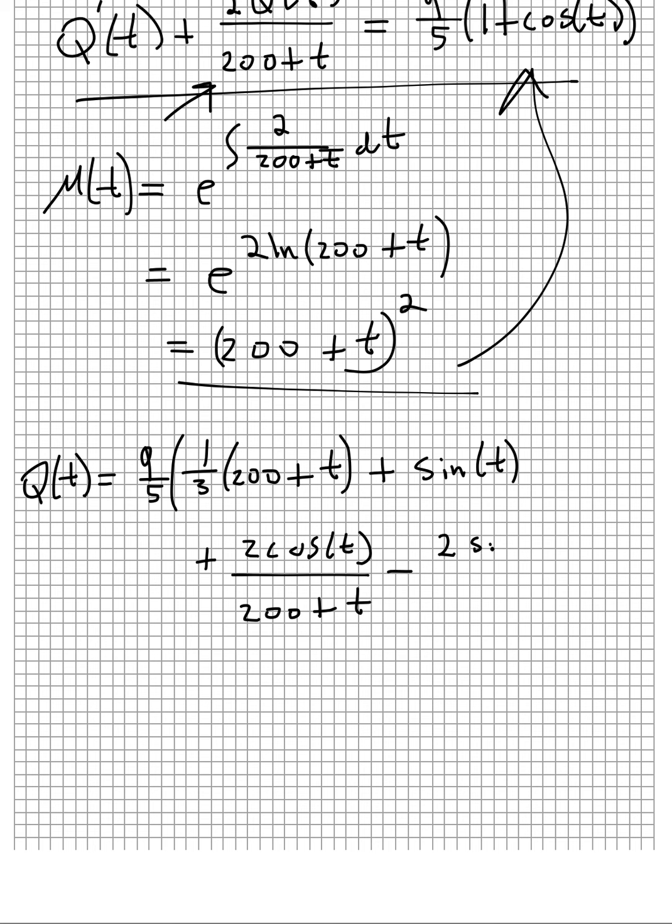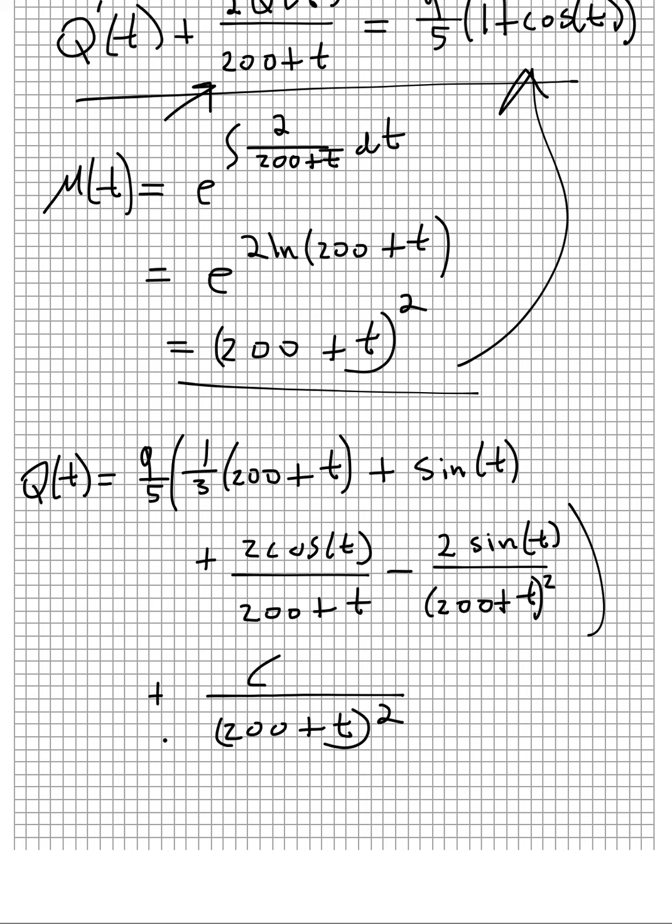minus 2 sine of t, all divided by 200 plus t squared, okay? And close parentheses, and then this will be added to the constant term, which will be c over 200 plus t squared, right?